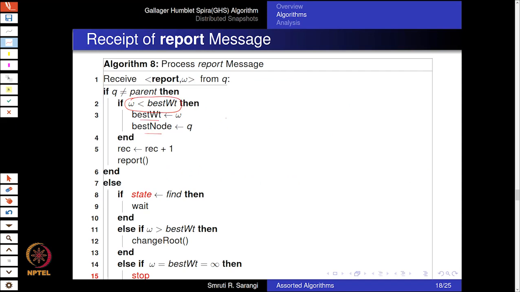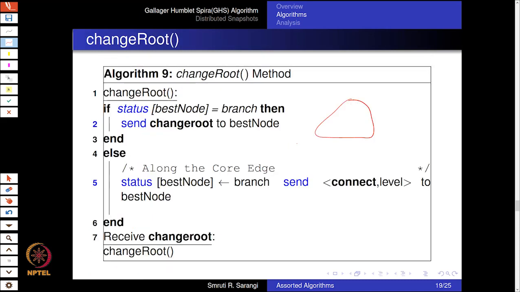The best node is of course one of its child nodes that has a path to the eventual best node, which lies at the edge of its fragment. Every node just keeps a pointer to its child, and by following these child pointers you ultimately reach the edge that is the least weight edge of this entire fragment.